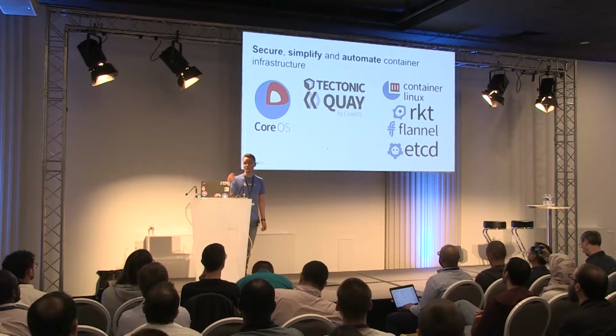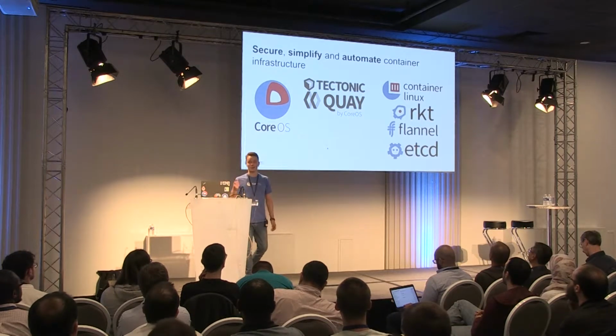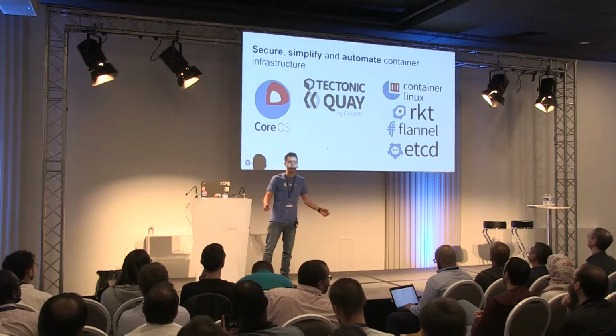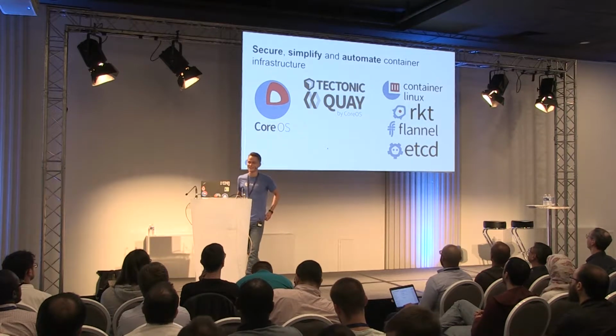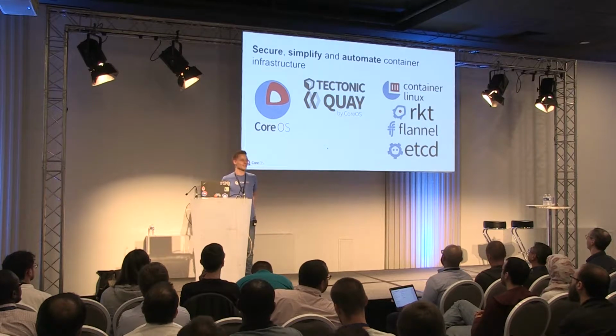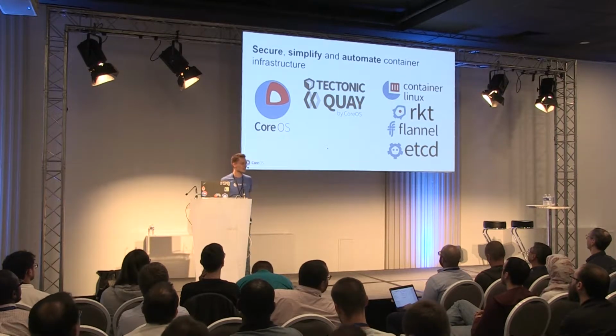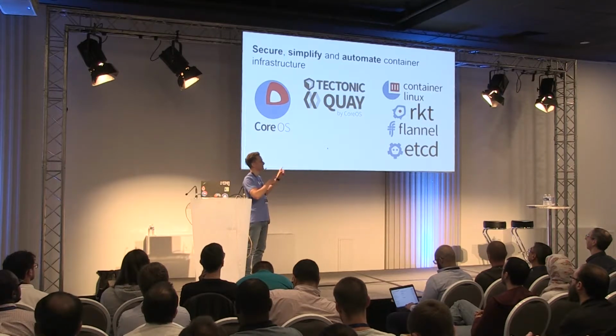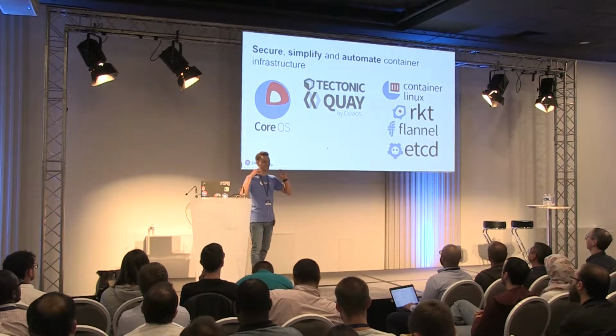Now, what we're probably most well known for is our open source projects. For example, Container Linux, back in the time that was CoreOS, where the name actually came from. It's a very basic Linux distribution for running your container infrastructure. The most asked question here is that it's not the system that runs inside of your container, but your host system underneath. Then we have Rocket as a container engine.